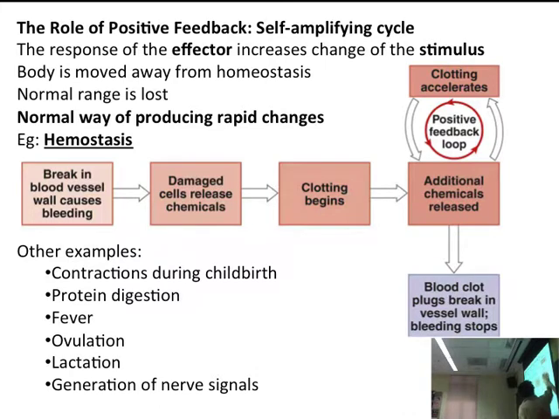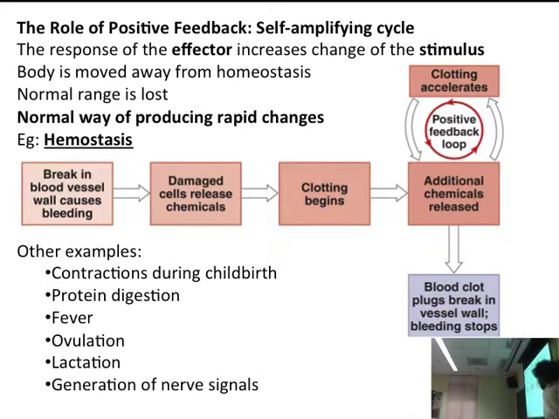And these chemicals start this positive feedback loop where, once you get the ball rolling, the clotting really starts happening quickly around the site of injury. And then the blood clot plugs the break in the vessel wall, bleeding stops, and then that positive feedback slows down because we're not driving it as much with these additional chemicals that are being released.